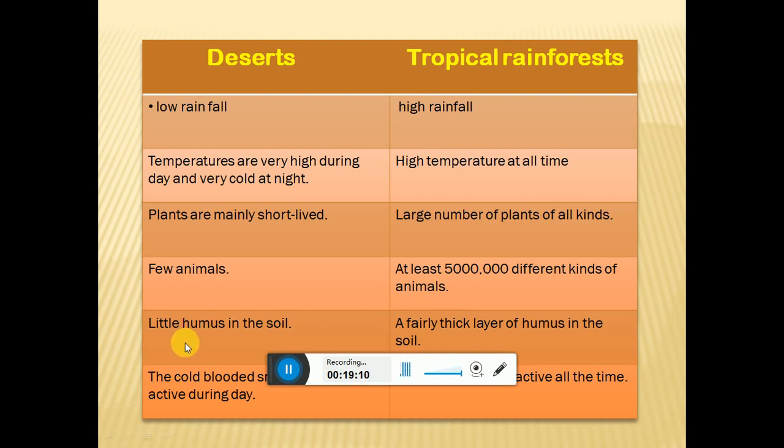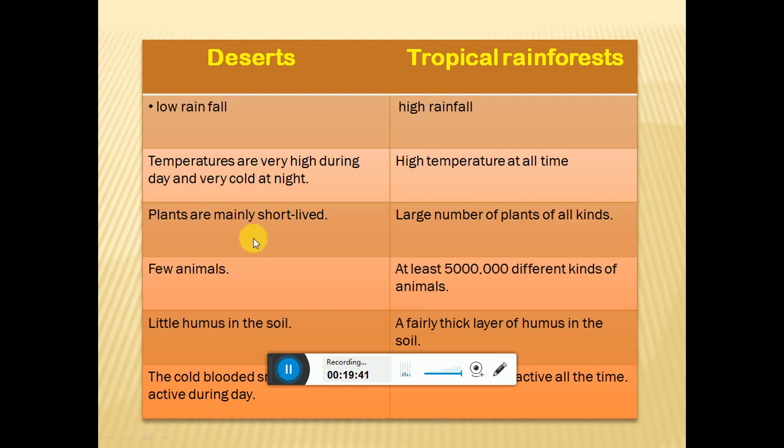In deserts, the cold-blooded snakes and lizards are active during the day. I would like to explain why. As we studied in the previous topic, temperature, some types of lizards and snakes are active at a certain temperature, and the nights in the deserts are too cold.